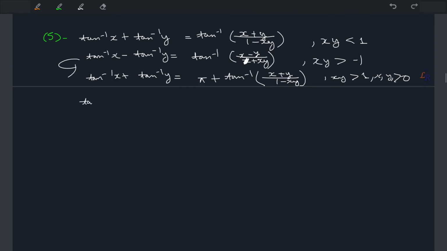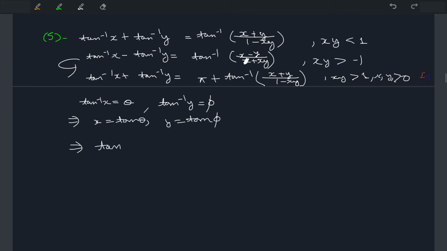Let tan inverse x be equal to theta and assume that tan inverse y is equal to phi. So you can write x is equal to tan theta and y is equal to tan phi. No problem. Now let's utilize our learning from trigonometric functions.